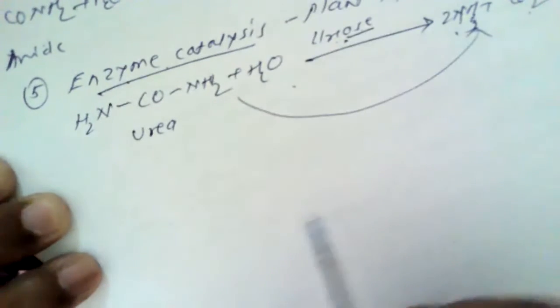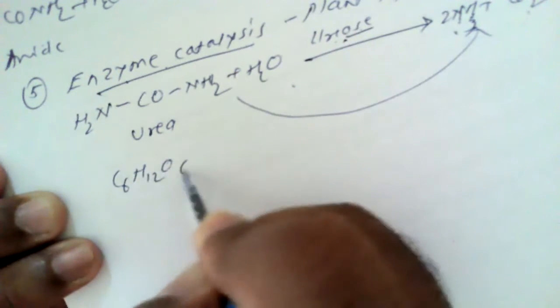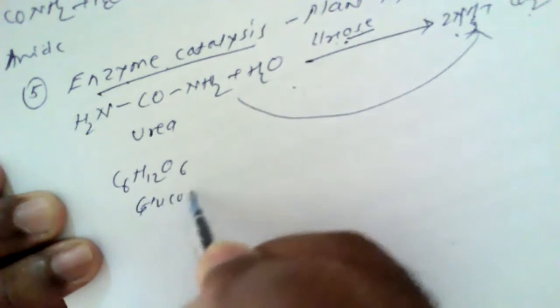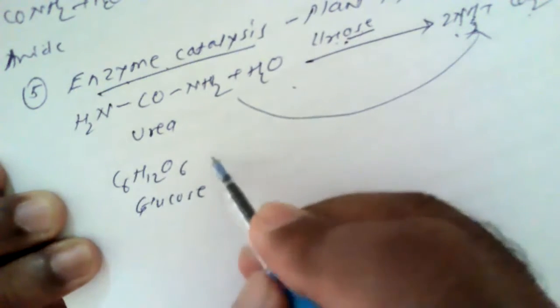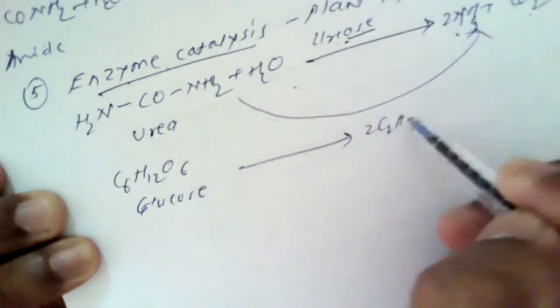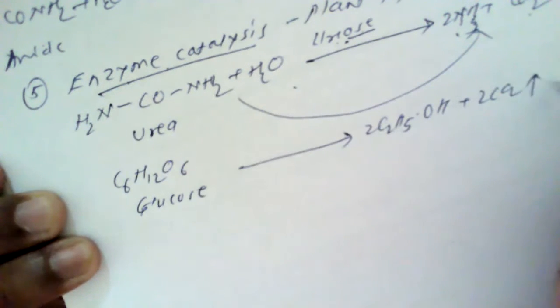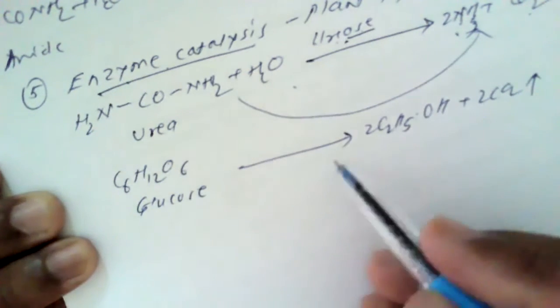So this is the first example under enzyme catalysis. Second example, that is C6H12O6. This is known as glucose. This glucose is converted into alcohol, that is ethyl alcohol, like this chemical reaction.